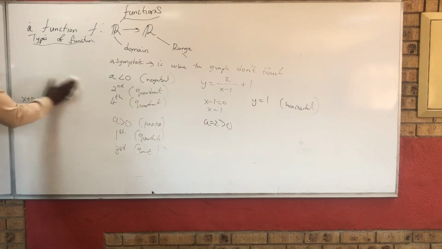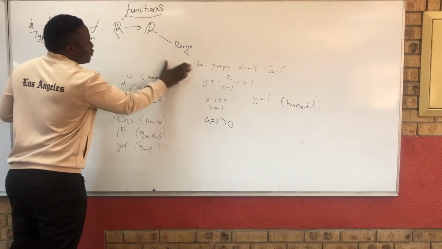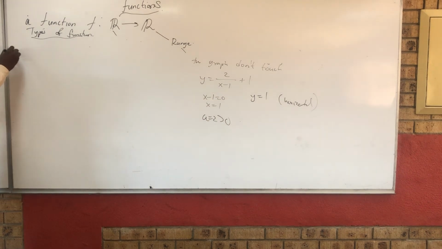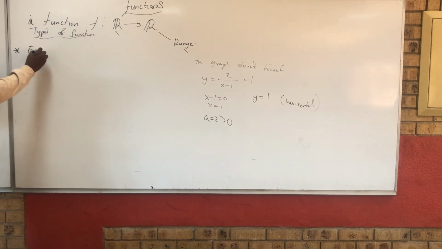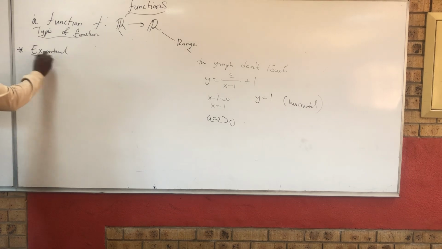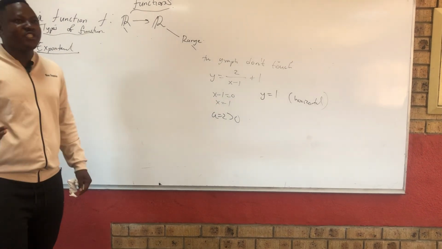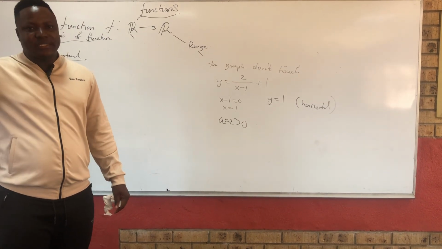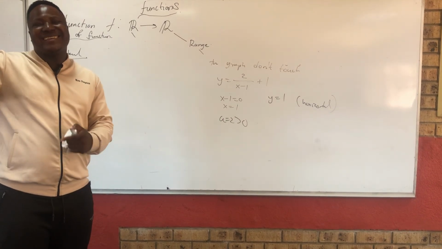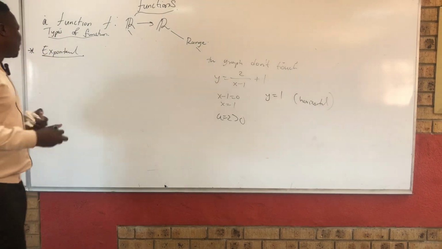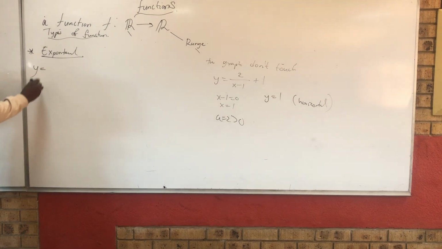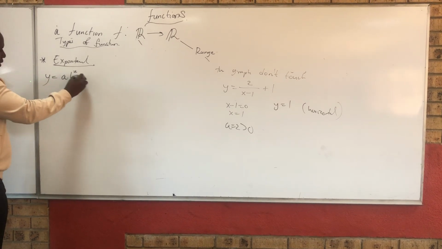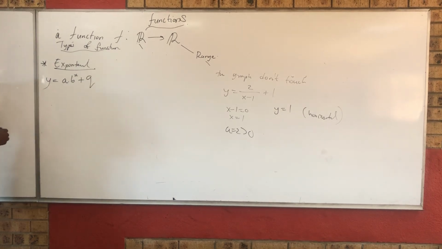So let's go to another function, the last one that I'm going to explain, which is the exponential. This one is simply called the exponential function because the variables are acting like exponents. It is given by a multiplied by b to the power x, plus q.